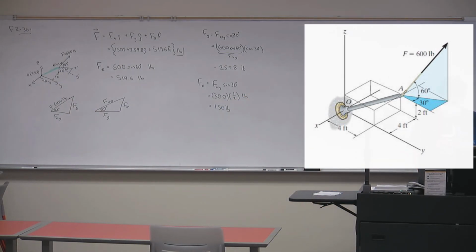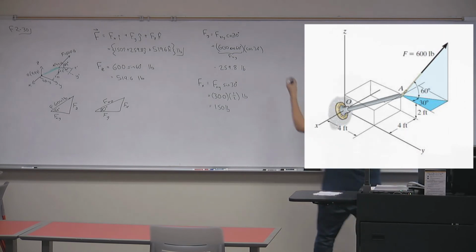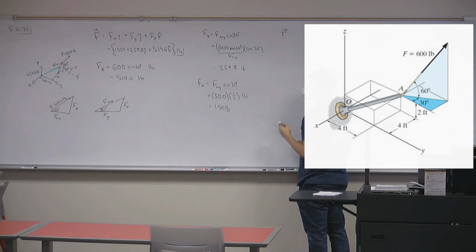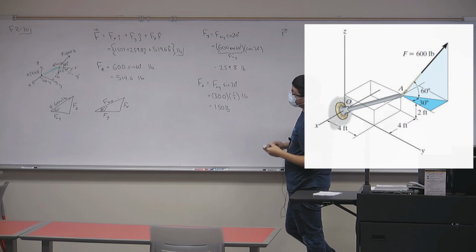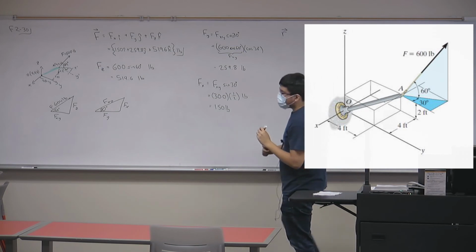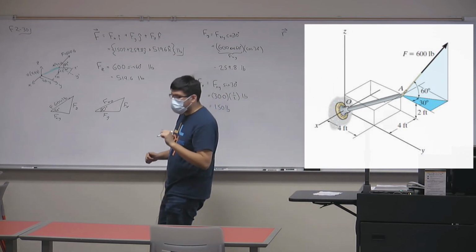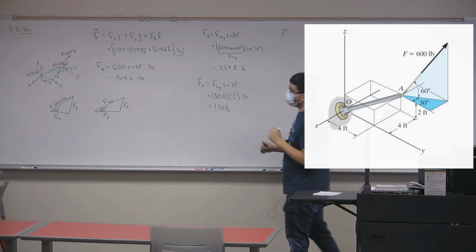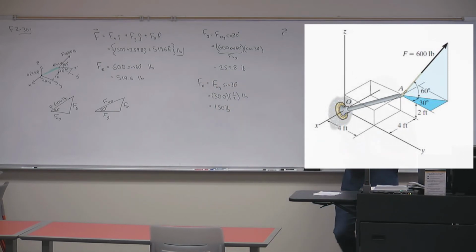Okay, position vector from where to where? So you want to find parallel and perpendicular? Yes, but let's start with parallel. From which point to which point?